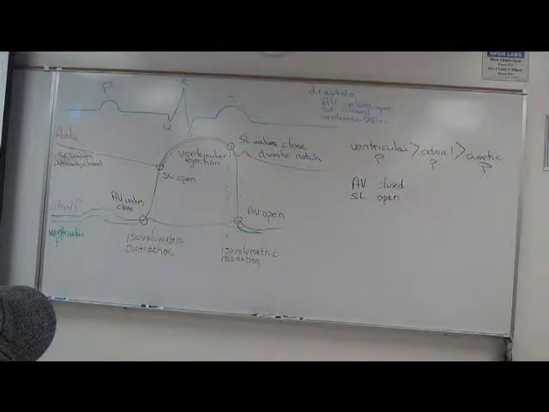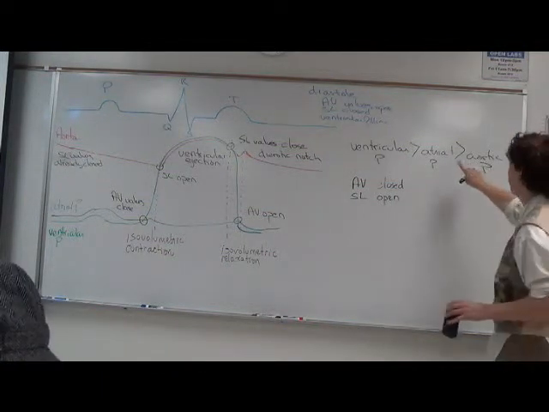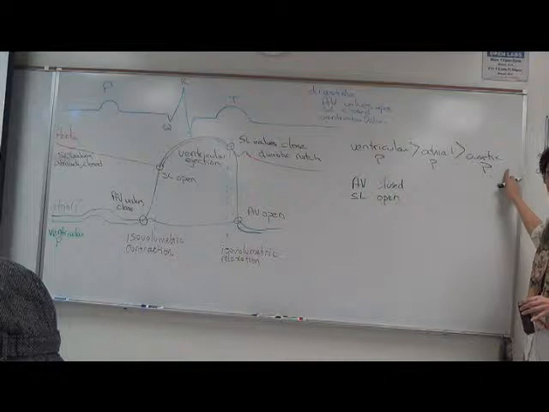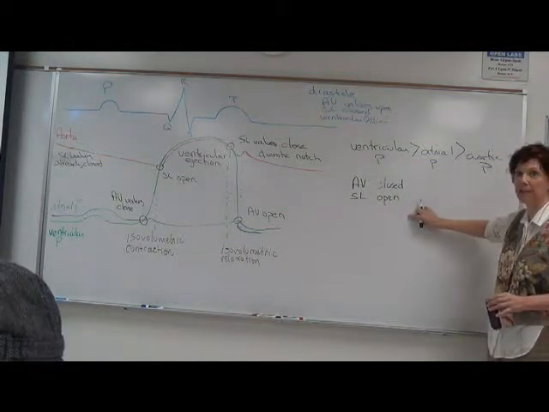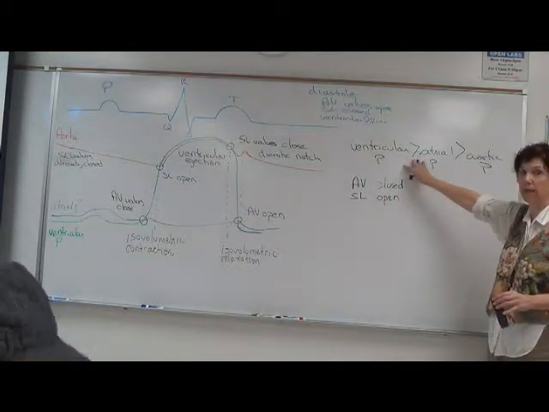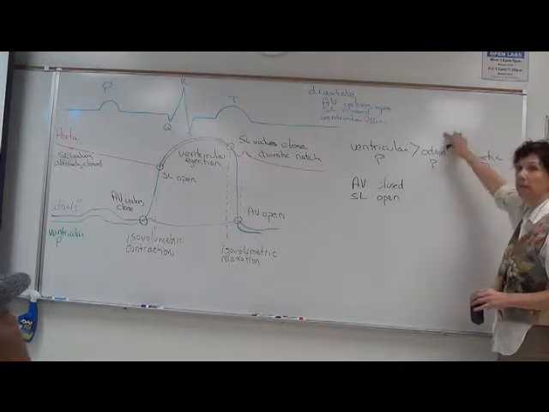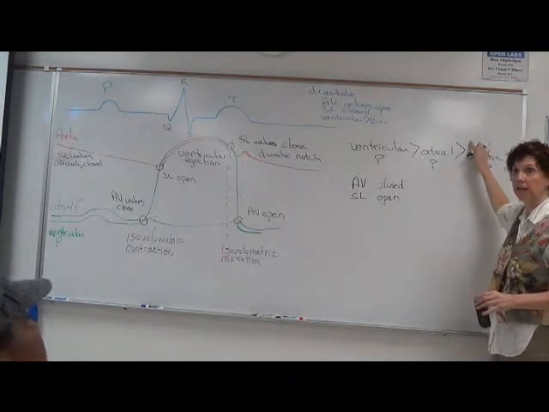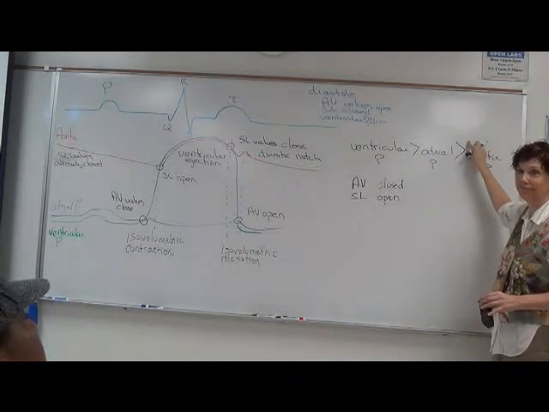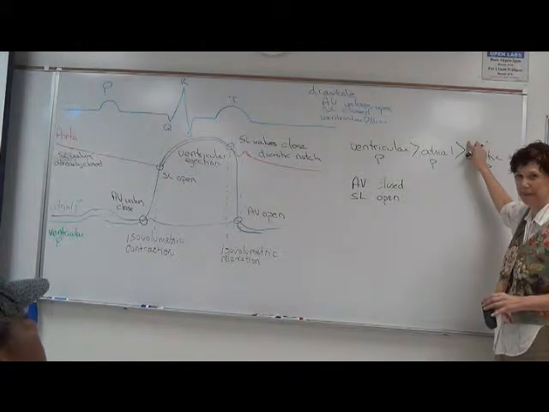So this is a condition incompatible with life. Never ever choose an answer where atrial pressure is greater than aortic pressure. Yes, it fits these two situations for our valves because of the ventricles, but this relationship is never going to exist in the living person. Does that make sense?